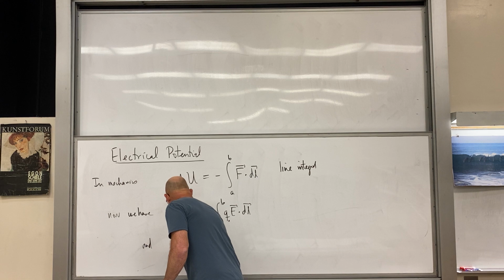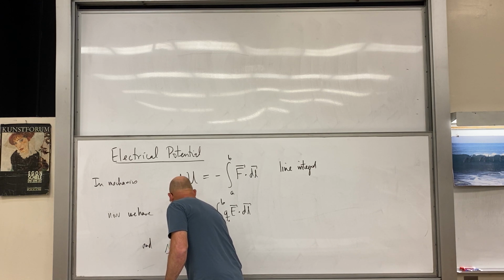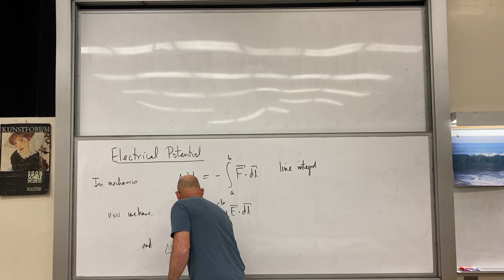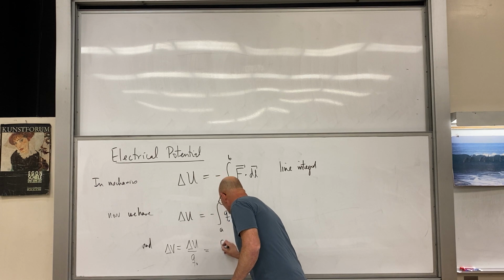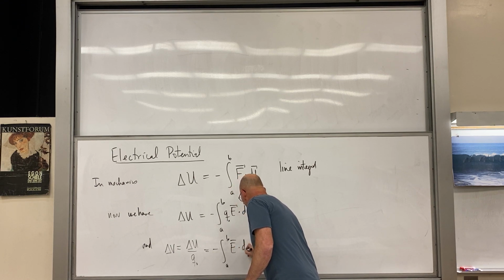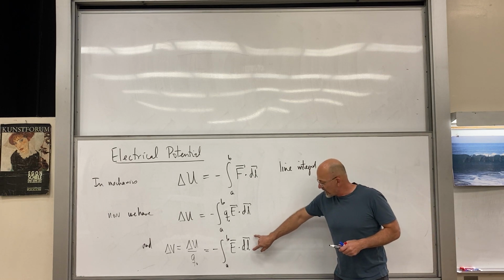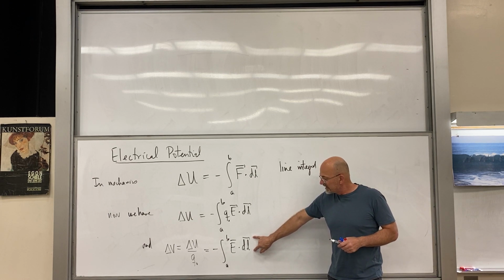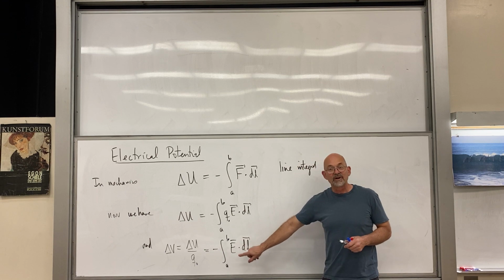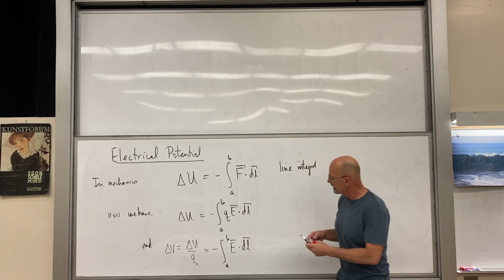And we have delta V is equal to delta U divided by Q naught, which is equal to minus the line integral from A to B of E dot dl. So really the fundamental object we need to work with a bit is this line integral along the electric field, or through the electric field in space. I'll put a box around this.